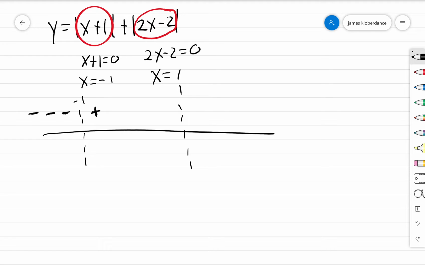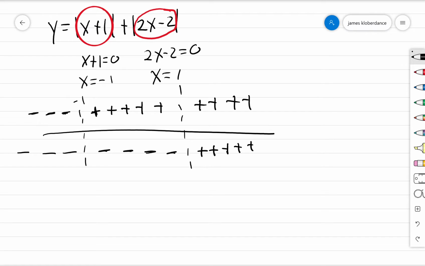And if you give an absolute value a positive quantity, it doesn't do anything to it. It leaves it alone. So I'm just going to represent that by putting a plus. So for the 2x minus 2, again, same idea. If x is greater than 1, then 2x minus 2 is positive and it doesn't do anything. But if x is less than 1, or if x, of course, is less than -1, then it's going to switch it.